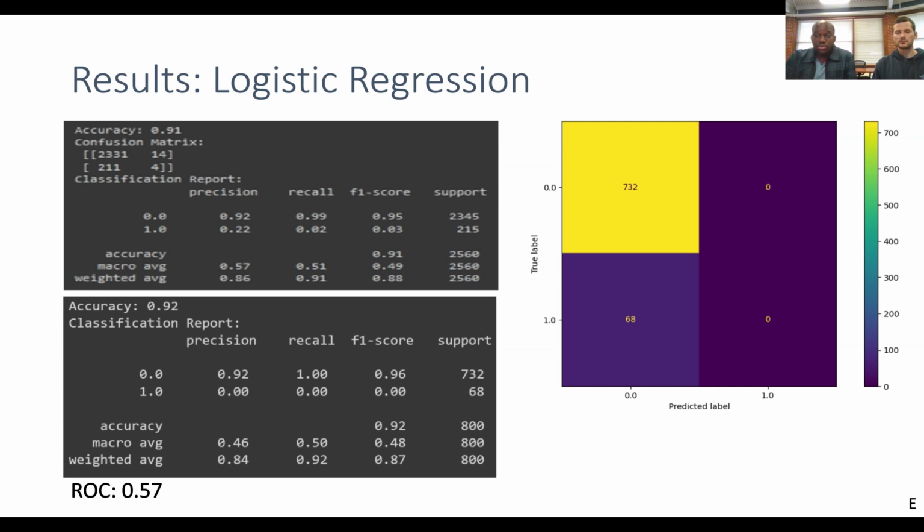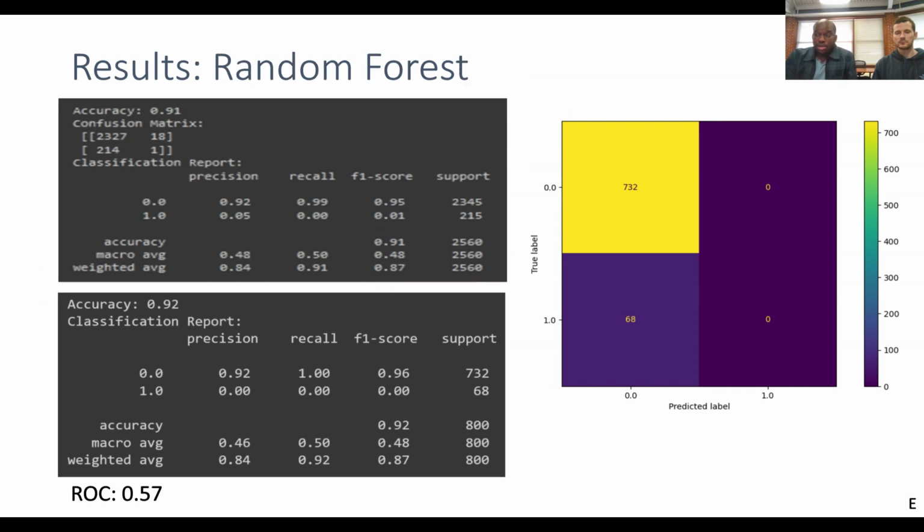Then it increased to 0.92, and the precision and F1 score dropped to 0.00. In the random forest model, we got the accuracy and precision of 0.91 and 0.05. Then it increased to 0.92, and the precision and F1 score dropped to 0.00. Then we plotted the ROC curve for each model.